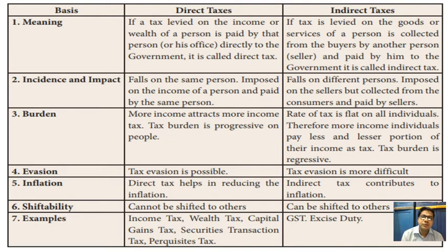Friends, when we purchase any goods or any kind of product, we pay the money to the shopkeeper. The shopkeeper is a seller. He collects the taxes from you, and the same amount of taxes is paid to the government.